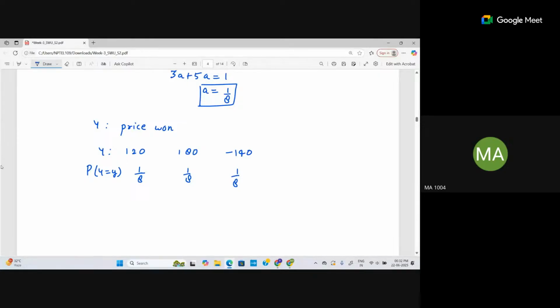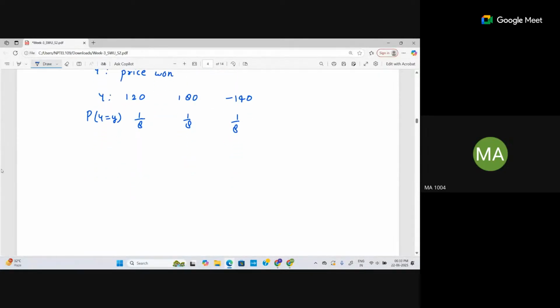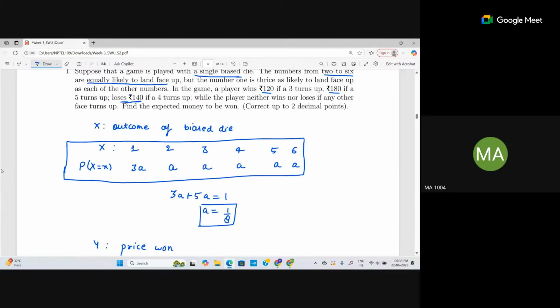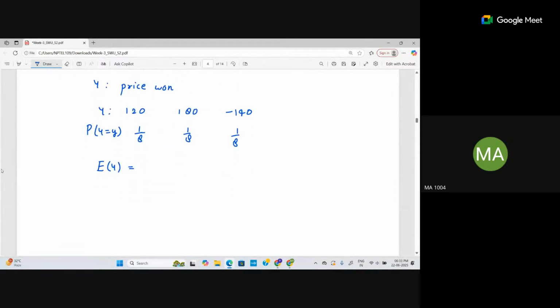So now we can find the expectation of y. Expectation of y represents the expected money to be won, right? So it will be 120 into 1 by 8 plus 180 into 1 by 8 minus 140 into 1 by 8.